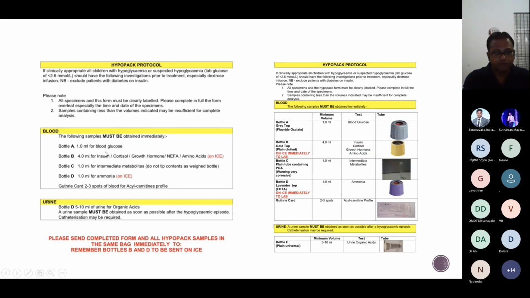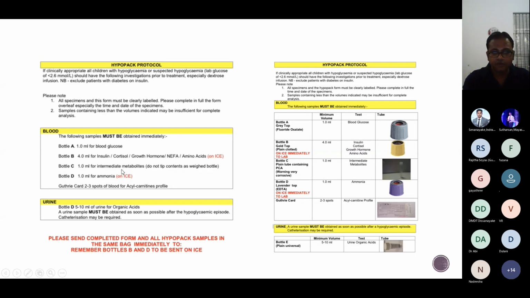So 1 ml of blood for glucose is bottle A, and you can identify that bottle using the color of the cap. Then 4 ml of blood for insulin, cortisol, growth hormone, and amino acids, and note that you have to send these samples on ice. That is the yellow one. Then another 1 ml for intermediate metabolites, and 1 ml for ammonia levels.